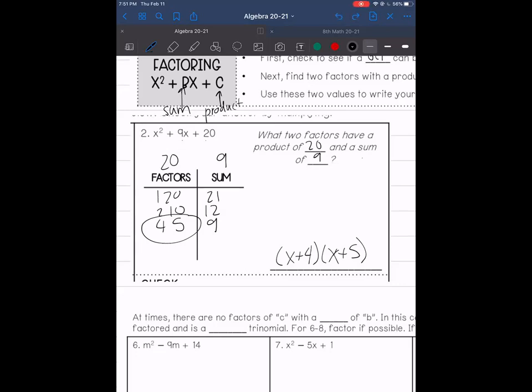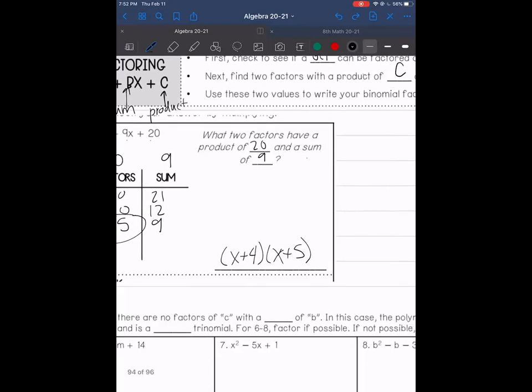Okay, so there are some other scenarios. It says at times there are no factors with a product of C and a sum of B. So sometimes it's not possible.